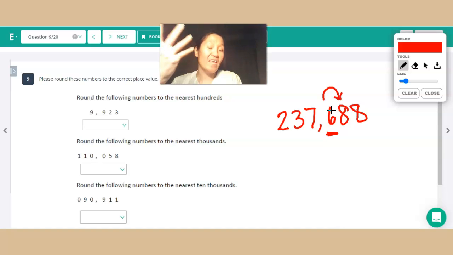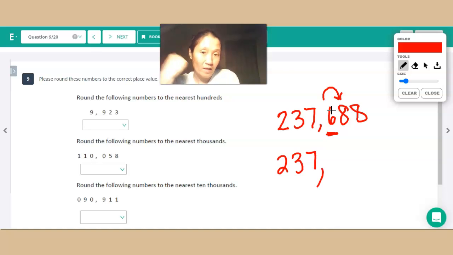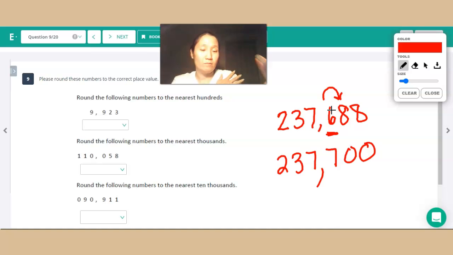Strong or weak? Well, the 8 is strong. Now we're going to look at the 2, the 3, and the 7. They don't ask for help. They don't care. Nothing is going to change for them. But the 6, because 8 is strong, will change to a 7. The 8 leaves and takes everybody behind him with him. So 237,700 is now your new number.